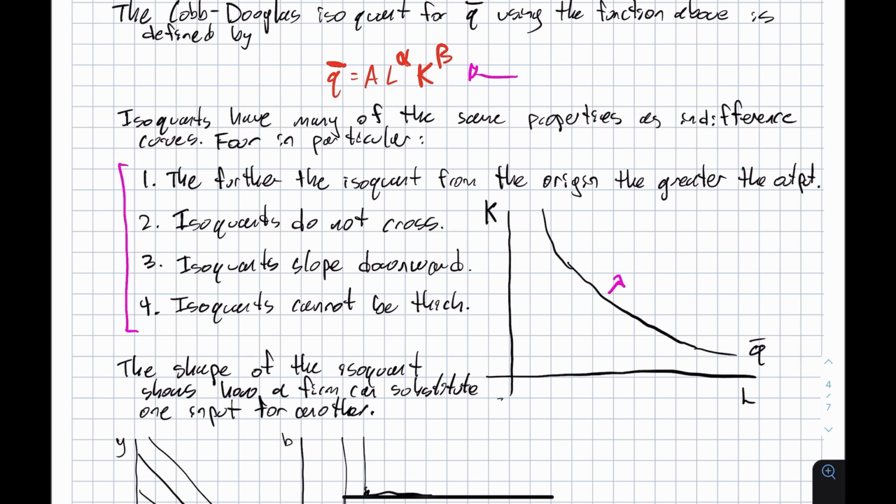Third, that isoquants slope downward, which captures the trade-off between capital and labor. And isoquants can't be thick. So essentially, any movement in either direction puts us on a higher isoquant, or lower isoquant, depending on which direction we go.